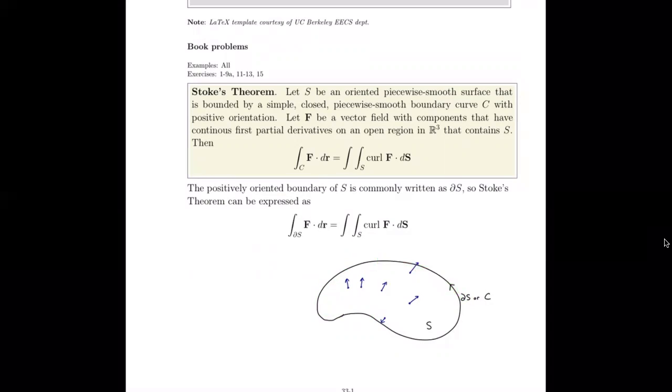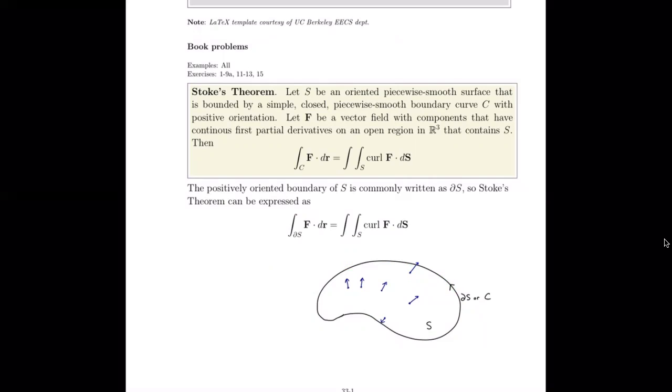If we do the right-hand rule, the normal vectors are pointing upward from this surface as our fingers wrap in the direction of travel around this curve. So our thumb points up as our fingers wrap in the direction of travel. So it satisfies the right-hand rule, so we're oriented positively with respect to the normal vectors.